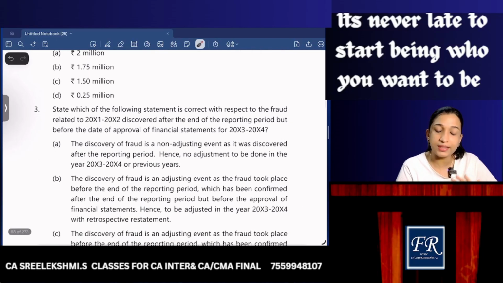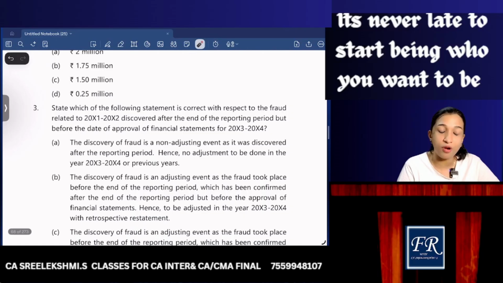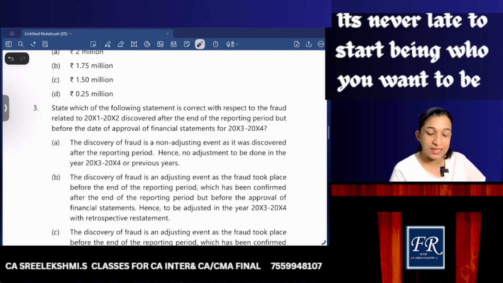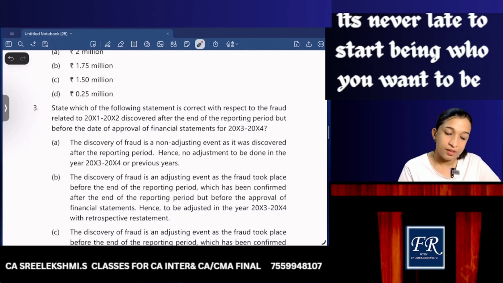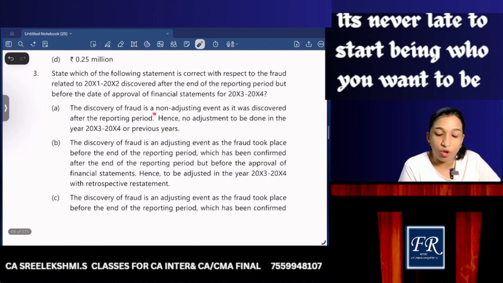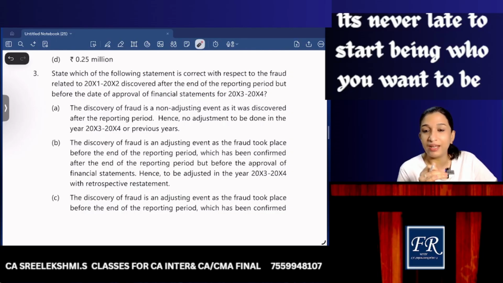State which of the following statements is correct with respect to fraud related to 11-12. Discovered after the end of the reporting period, but before the date of approval. The discovery of fraud is a non-adjusting event. Wrong. It's an adjusting event, because it provides additional evidence of conditions already existing, since sales invoices were already overstated.